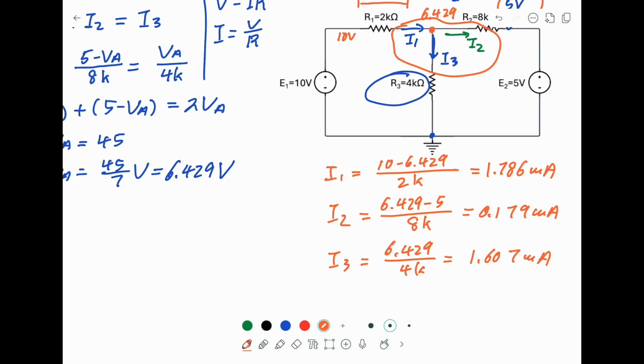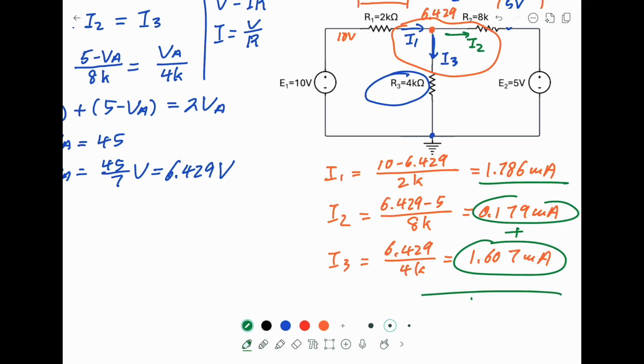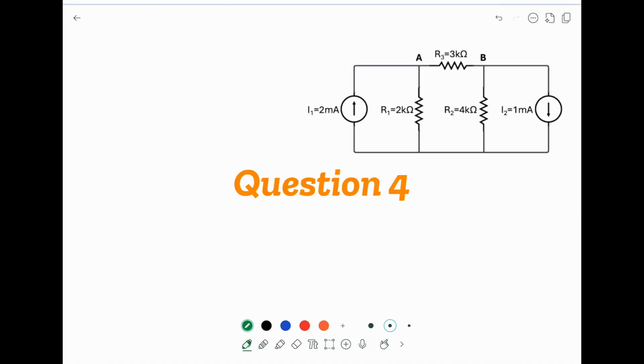So this is I1, and when we add these together, we get exactly 1.786 milliamp. So I1 is equal to I2 plus I3. So they are consistent.